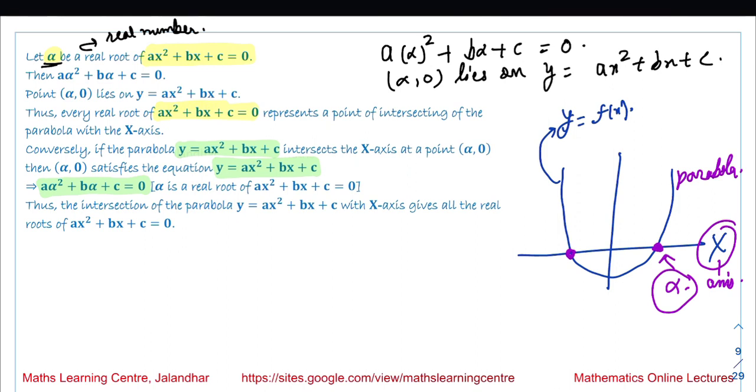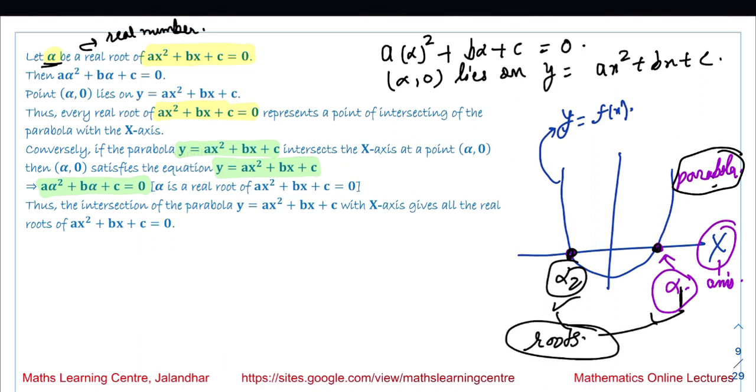So the intersection of this parabola with the x-axis gives all the real roots of ax square plus bx plus c is equal to 0. So for the intersection points, say alpha 1 and alpha 2, these are the roots or zeros of the given quadratic polynomial.